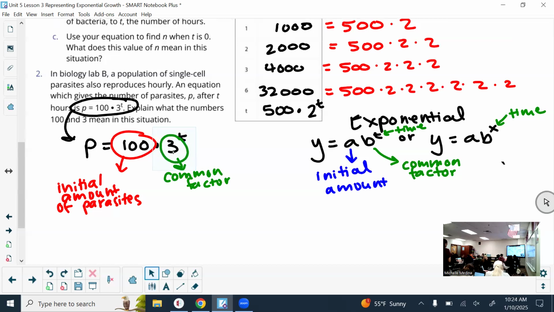Are they growing faster than the bacteria? Yeah, because the bacteria common factor was 2. If I multiply by a higher number, it's growing faster. So how is it growing in simple terms? It's tripling each time. The number of parasites is tripling every hour.